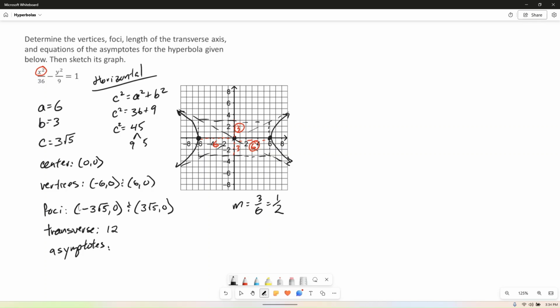One goes up and the other is decreasing. Both of those asymptotes cross through the origin. So if we think of this as y equals mx plus b, the y-intercept b is 0, right? Because they go through the origin. So I really just have y equals mx. And so my asymptotes are going to have the equation y equals plus or minus 1/2 x.